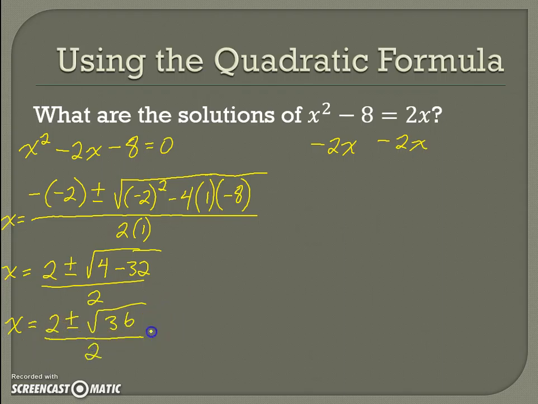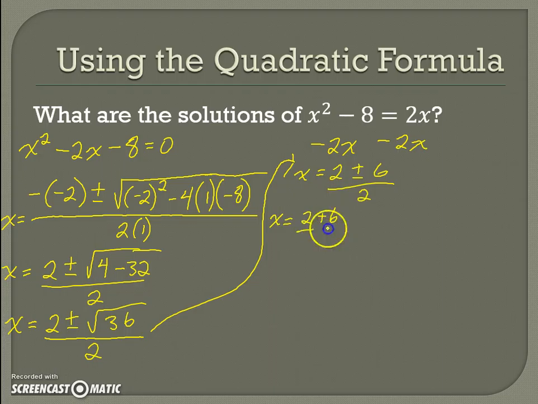I need to come over here so I have a little bit more space. So now x is equal to 2 plus minus 6 divided by 2. And the way this works is this sets up two problems. So I have x equals, when it's 2 plus 6 divided by 2, or 2 minus 6 divided by 2.